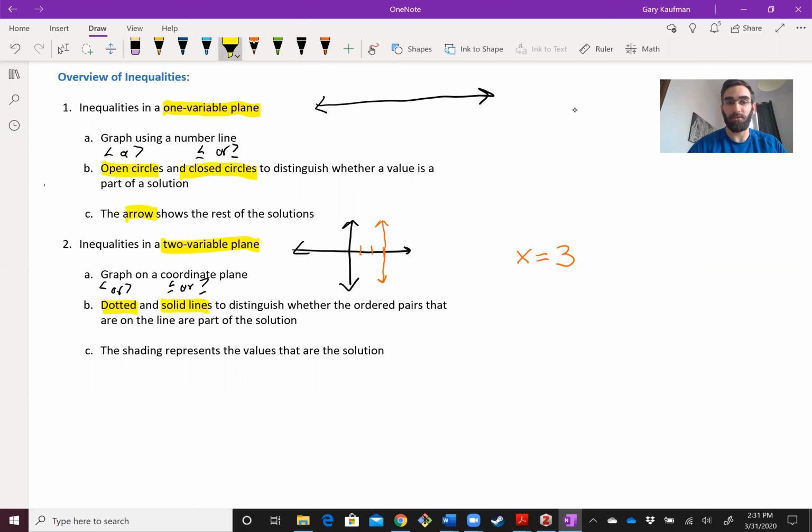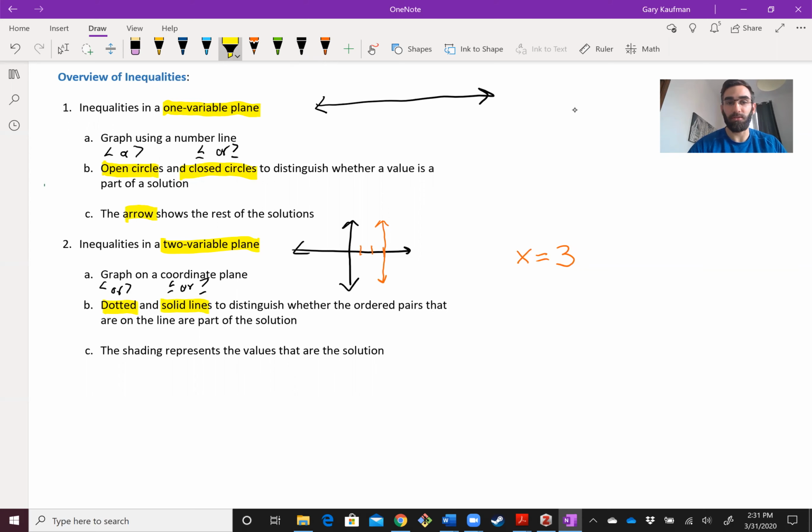Now, as I was saying, there's then shading. Well, we're either going to be shading this side or we're going to be shading this side. One side will be the solutions and therefore will make the inequality true, while the other side will not. And to do that, we use a test point.